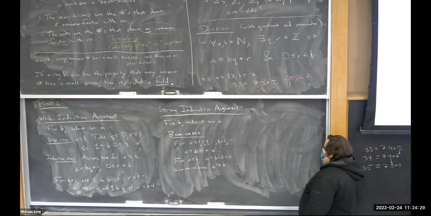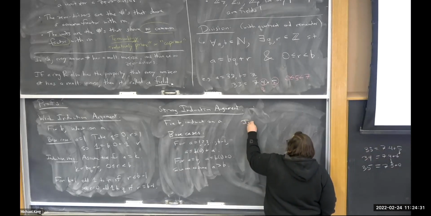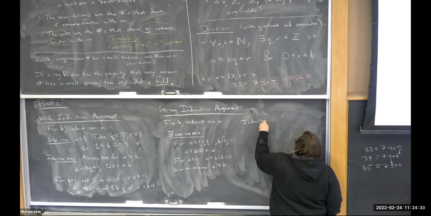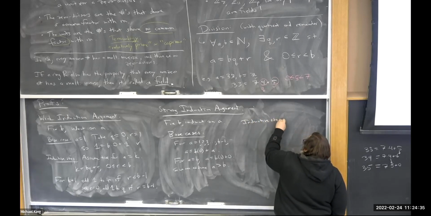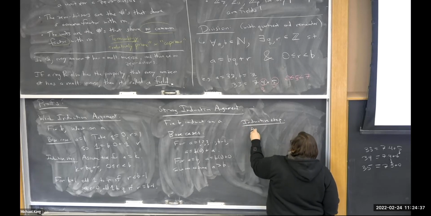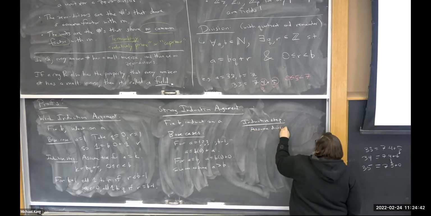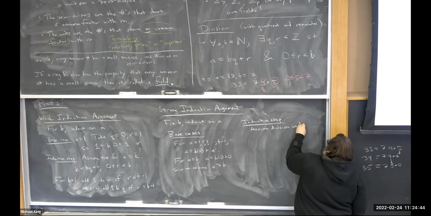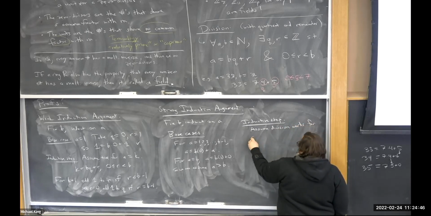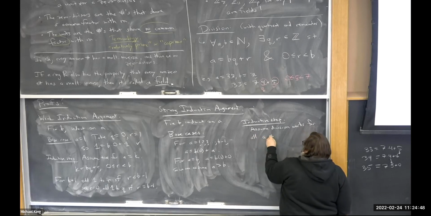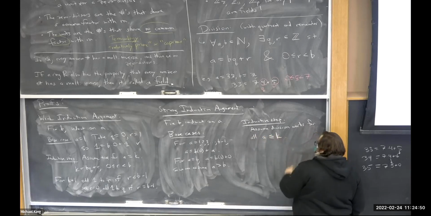And then the inductive step is, assume division works for all A less than or equal to K, right?